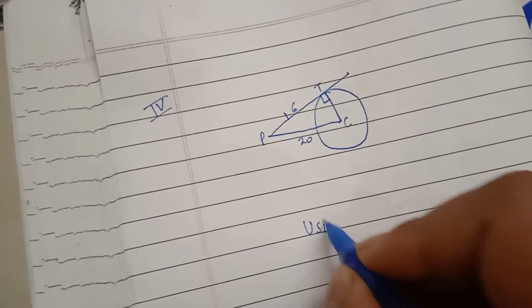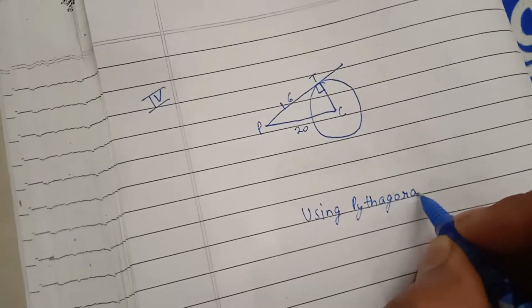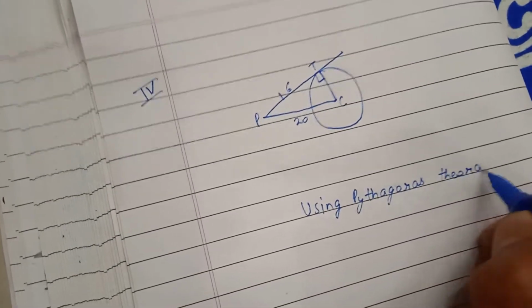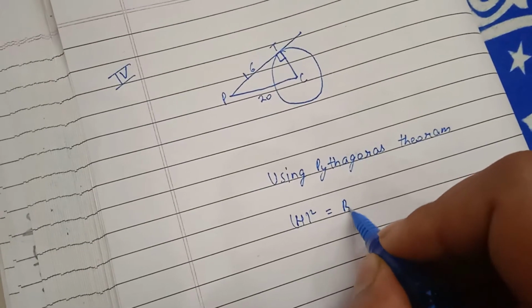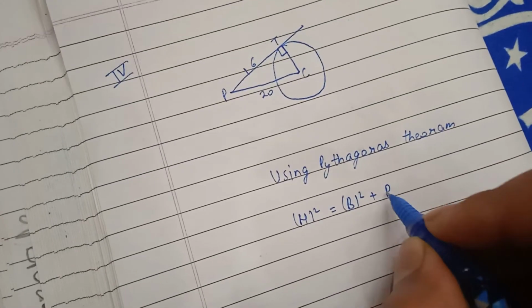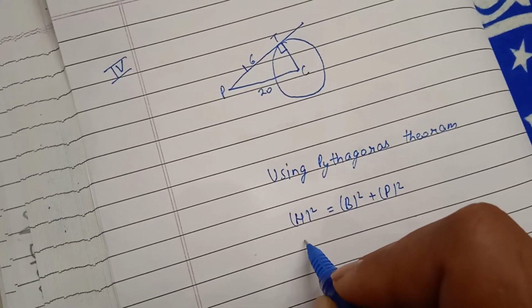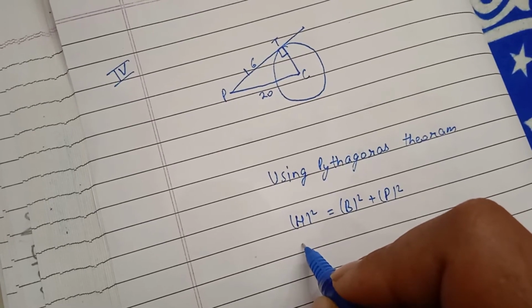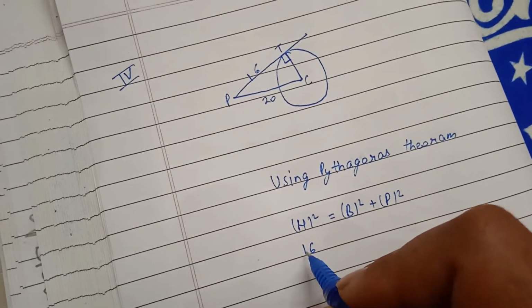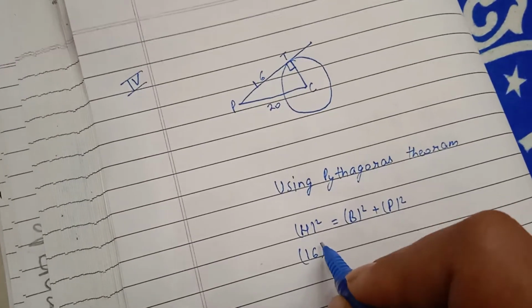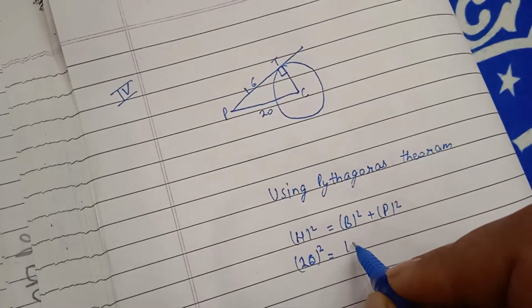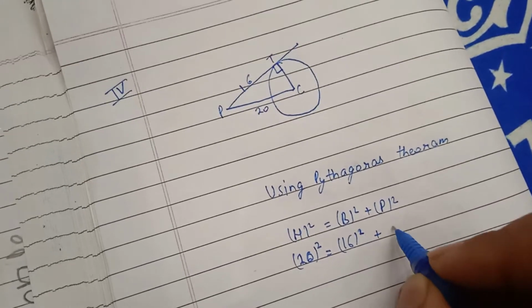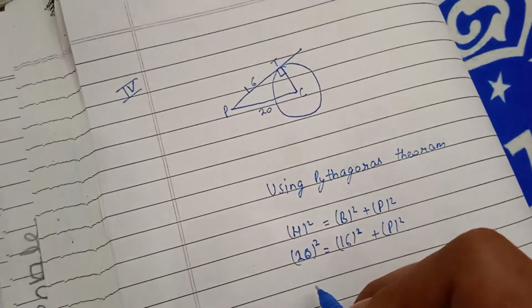So using Pythagoras theorem, hypotenuse square is equal to base square plus height square. The hypotenuse is 20, the base is 16, and we have to find the perpendicular height.